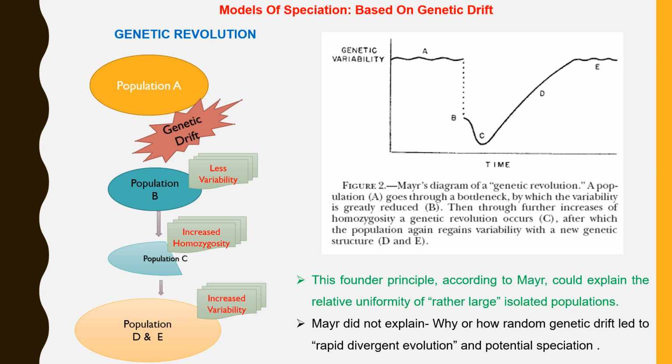With time, the population regains its variability with new genetic composition, population D and population E. In other words, genetic restructuring happens in populations D and E when compared to the ancestral population A. However, in this model, Mayr was unable to explain how random drift led to speciation.